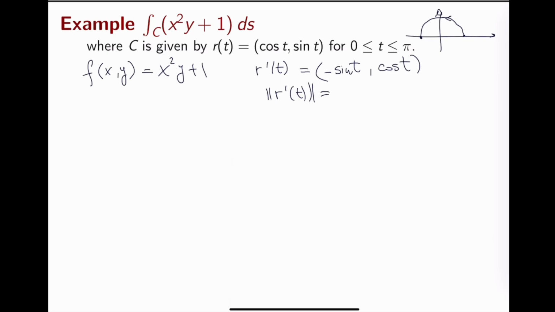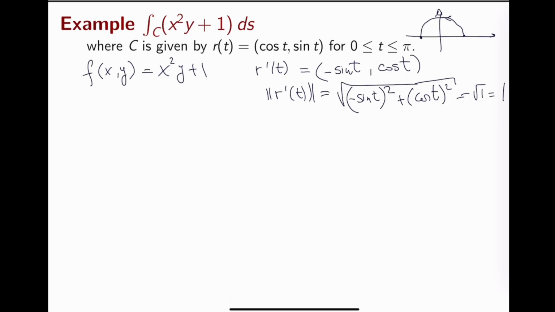To calculate the norm, we just do the square root of the first component squared plus the second component squared. Well, in this case, this is just the root of sine squared plus cosine squared, that is the root of 1, which is 1.